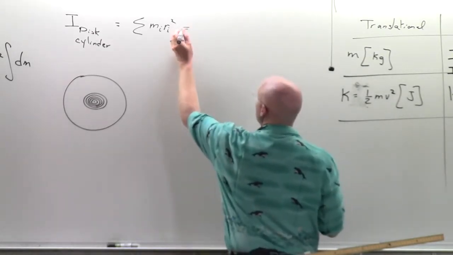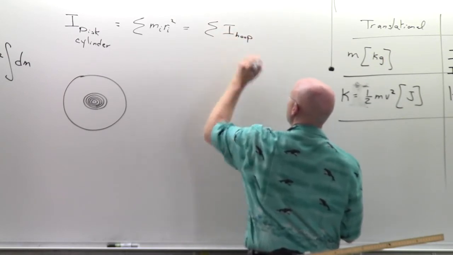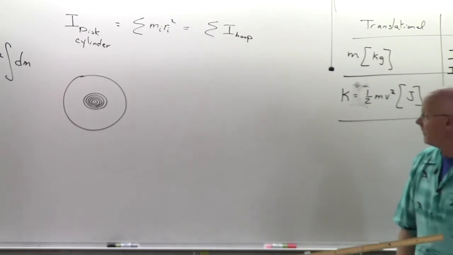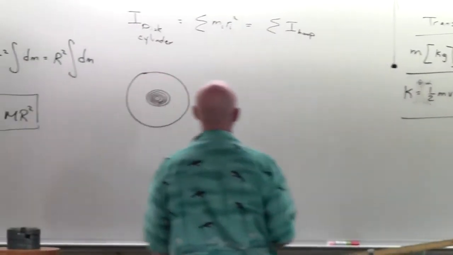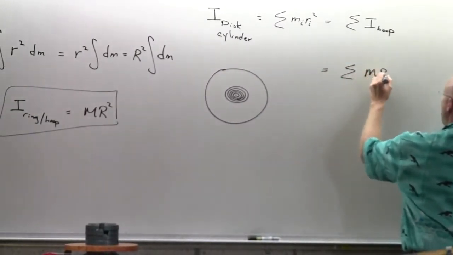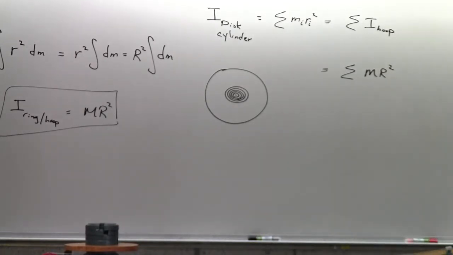Since I already did the hoop, will it be okay if I just write it this way? See, I already did the hoop. So why don't I take advantage of that? And so I'm going to add up my hoop.